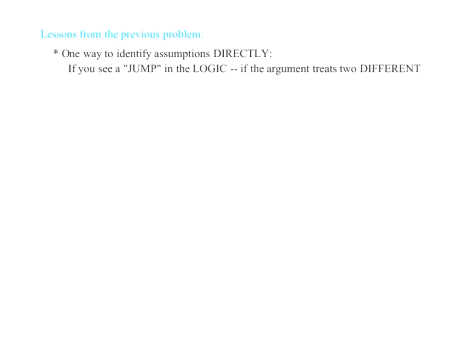We did mention this in the last assumption study hall as well, but one way to identify assumptions directly is if you see a jump in the logic, like if the argument treats two different things as though they were the same, then you have to connect them. So that's one type of assumption that you will see fairly often.